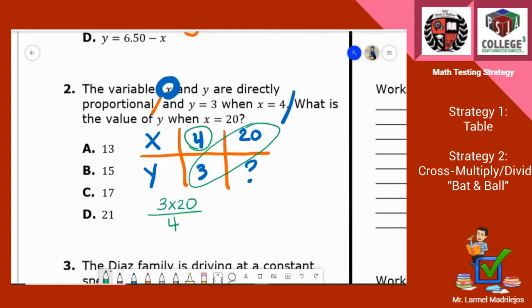Looks like I can simplify. Let's simplify this. This is going to be 5. 3 times 5 is 15. So the value of my y is equal to 15. Next question.